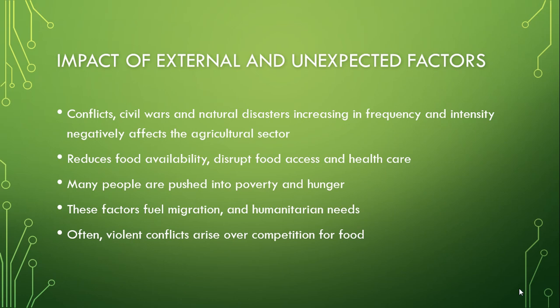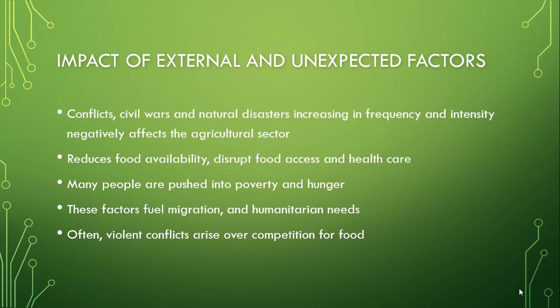Let's look briefly at the impact of external and unexpected factors on agricultural systems. For example, conflicts, civil wars, and natural disasters are all things that would be out of the control of land use planners. These kinds of situations increase the frequency and intensity of negative impacts on the agricultural sector.